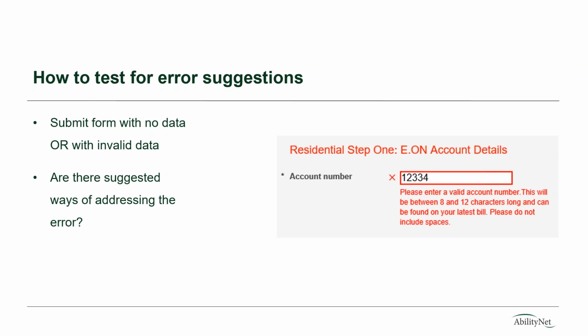Are there suggested ways of fixing those errors? Do they make sense? Are they relevant? If so, that should be fine for that success criterion. So just to repeat again, we've got a very good example here where entering an incorrect account number causes the error suggestion to announce what the length of the account number should be and where I can find it, which is really useful information.